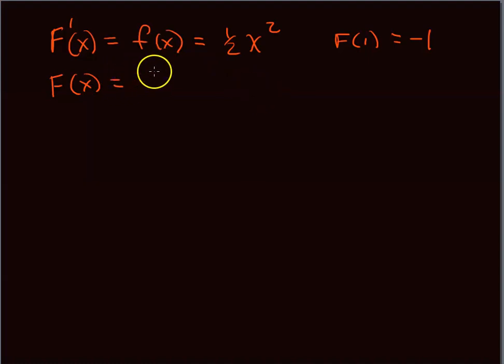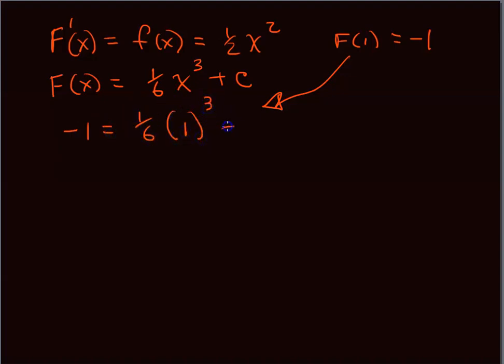Because, remember, F of x is that 1/6 x cubed plus c. So now in order to plug this stuff in, you say, okay, this F of 1, when x is 1, the function is -1. So -1 is 1/6 when you plug in a 1 for x, plus c.